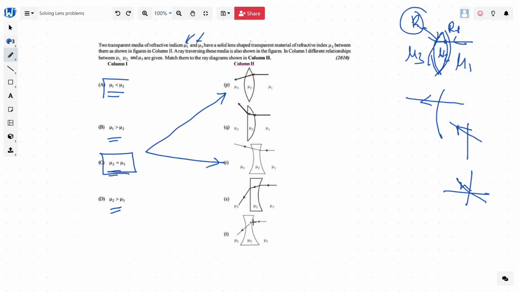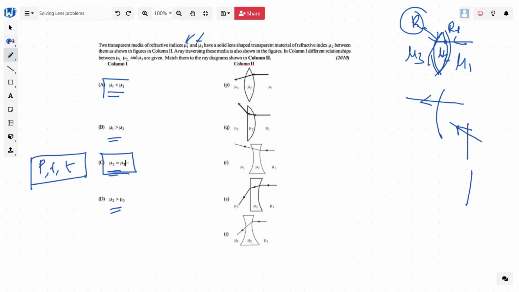In here it is coming and passing straight, so this is also true, which means that for this one the options are P, R and T. Before it becomes too complex, I'll just write it down for you: P, R and T.